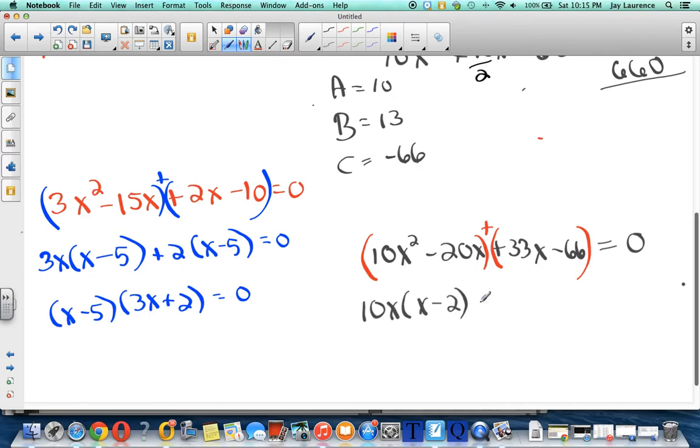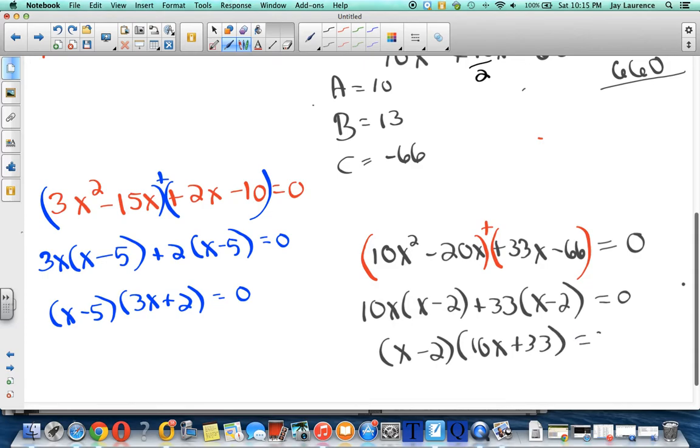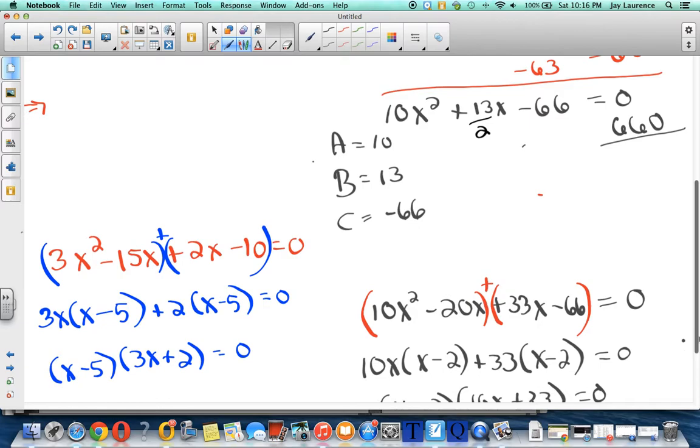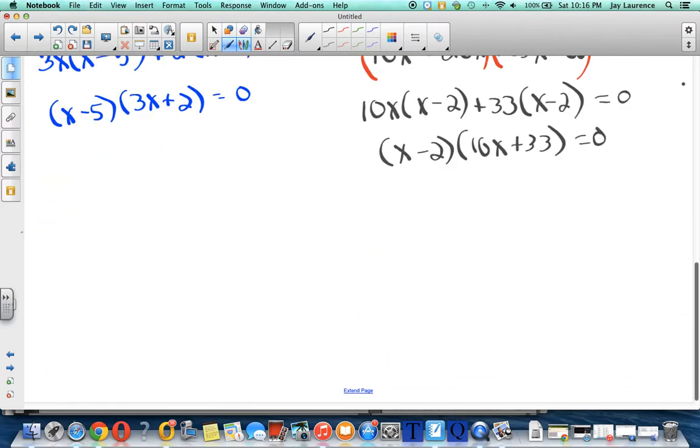And then I'm going to add 33 and be left with an x minus 2. That'll equal 0. It looks like I have an x minus 2 as a GCF. Pull it out, have a 10x plus 33, and equals 0. No, this problem's not done either. It's just done factoring. So I'm going to solve for x.